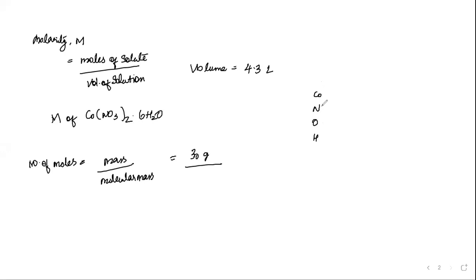How many elements are there? How many cobalt? 1 cobalt. How many nitrogen? 2 nitrogen atoms. How many oxygen atoms? 6, and there are water molecules also, 6H2O is also there.